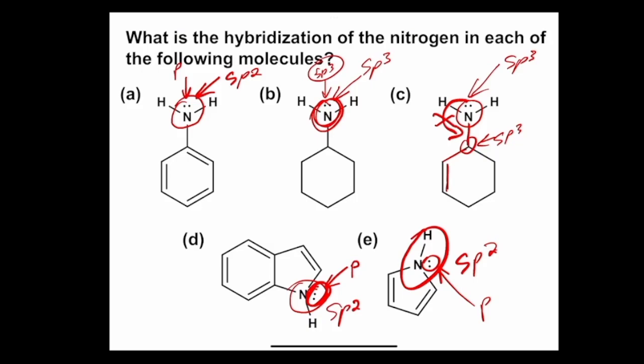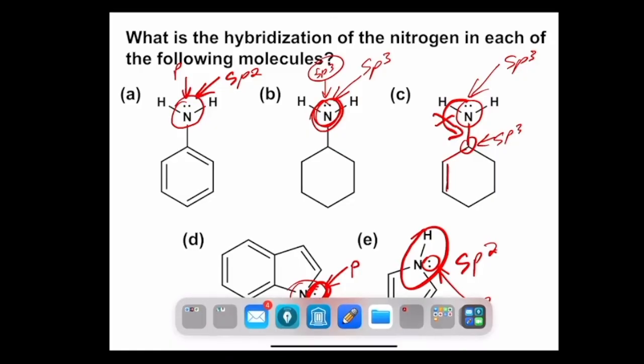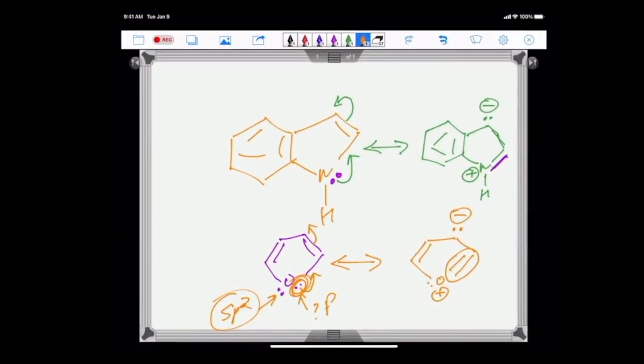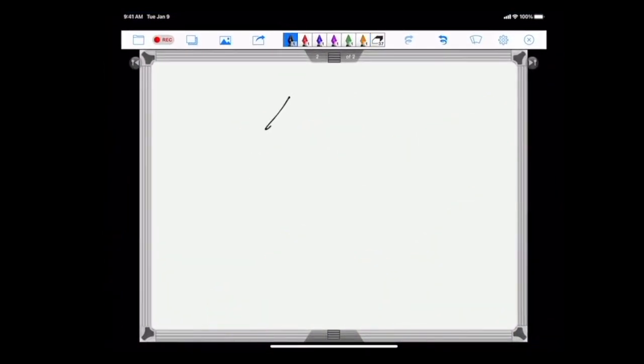Say that again? Could you do two resonance structures at the same time with both lone pairs, creating one? Back to the oxygen, you mean? Okay, let's take that one up. So the question is, we've got two lone pairs. Is it possible that we could use either?